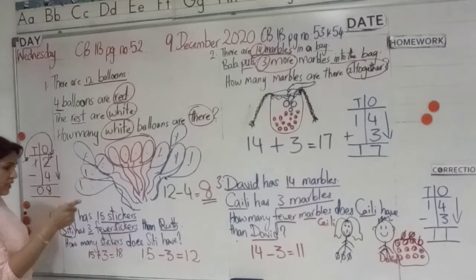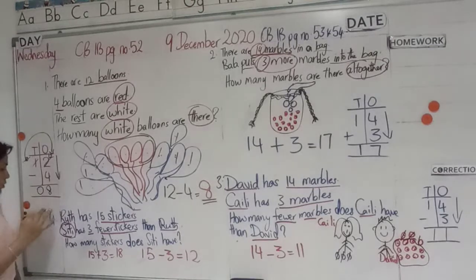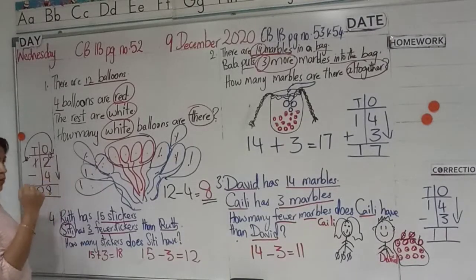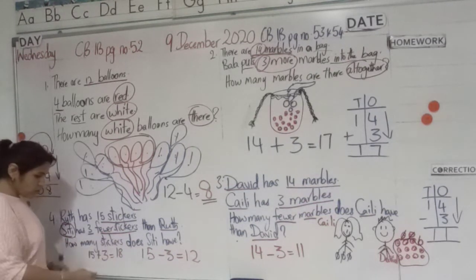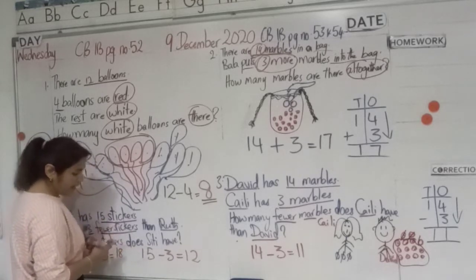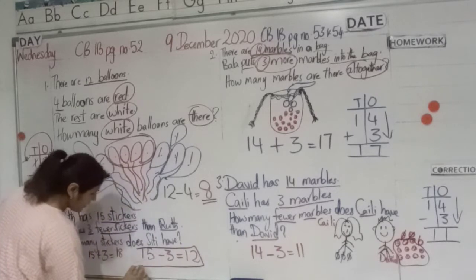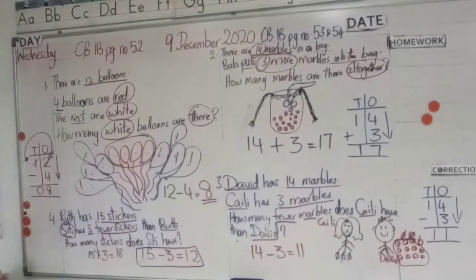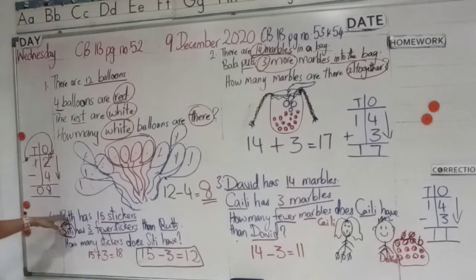Ruth has 15 and Siti has 3 less than Ruth. So we need to take away 3 from Ruth, so we come to know how many Siti had. So the equation would be, when I say take away, the equation would be subtraction. So this is the equation. 15 minus 3 fewer stickers. That means Siti has 12 stickers and Ruth has 15 stickers.